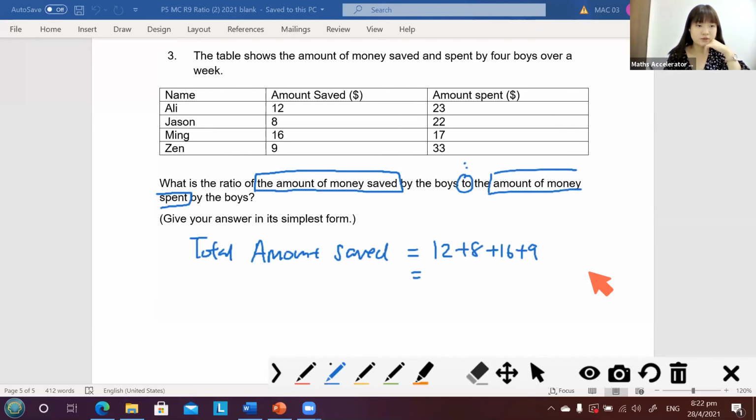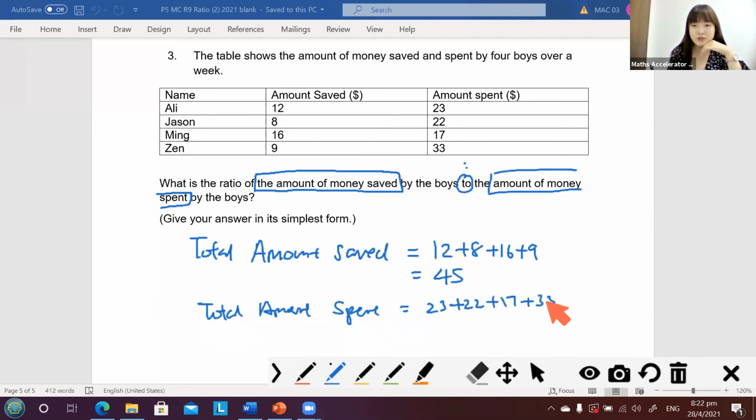Okay, Nikita, Yanqing, okay, 45. Okay, everyone have 45? Then the total amount spent. Okay, do the same. Add it up. 23, 22, 17, and 33. Okay, what will you get?